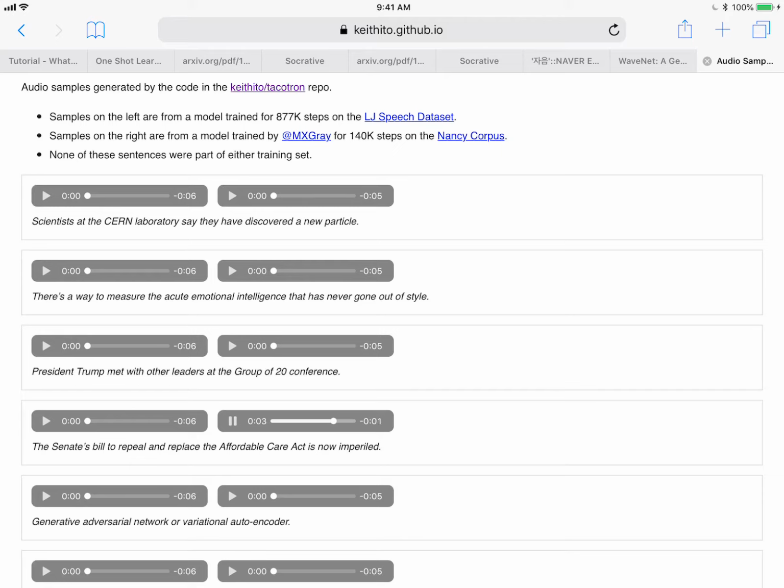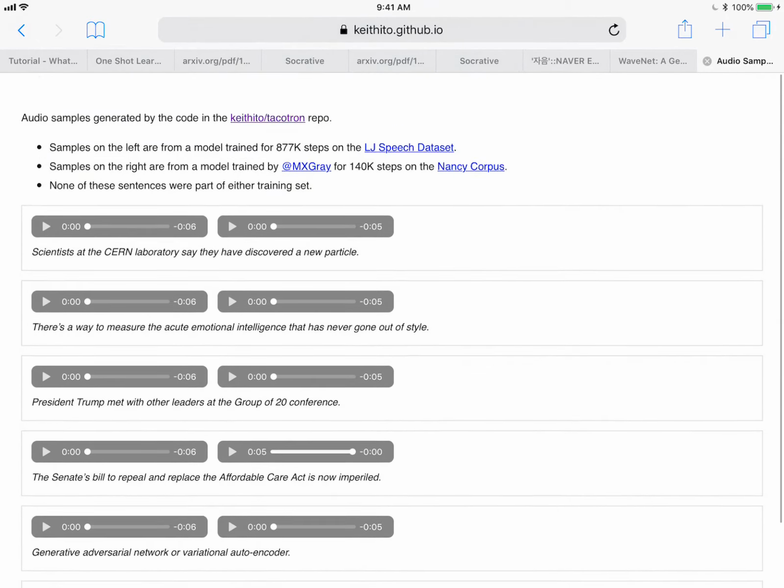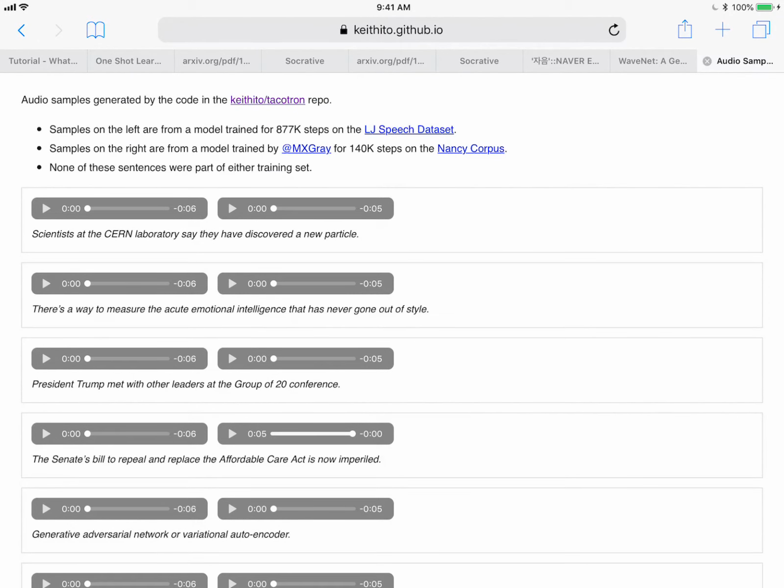I don't know why the volume doesn't work, but you can try out this website. So those two models are probably the most state-of-the-art ones.